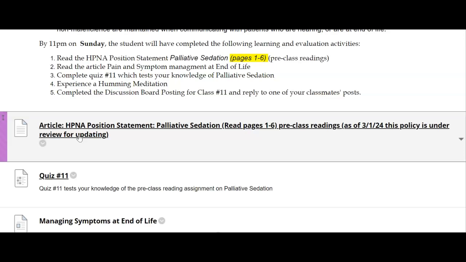Palliative sedation is for patients that are alert, conscious, and imminently dying, so they are in the active dying phase. Sometimes these patients have intractable symptoms, usually intractable pain.